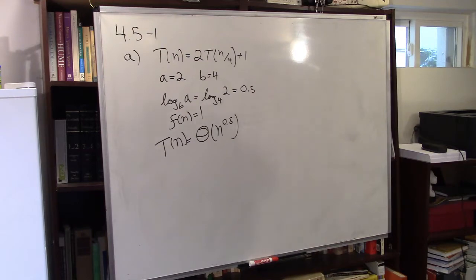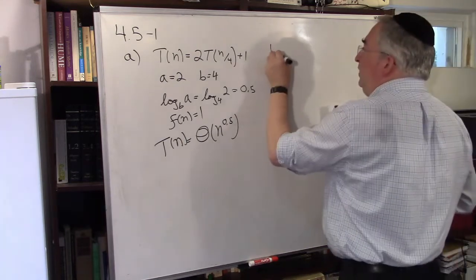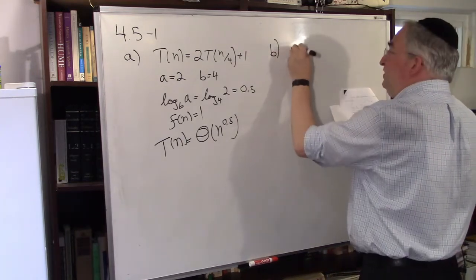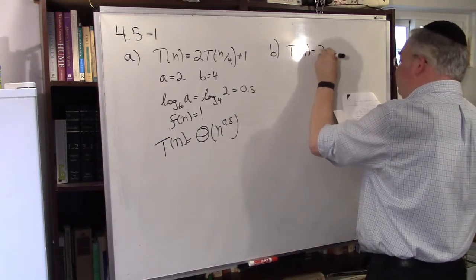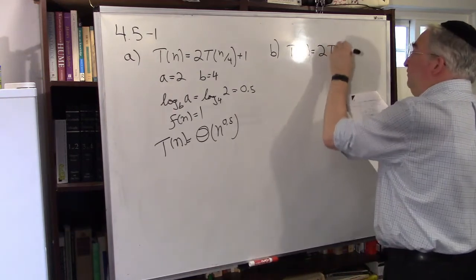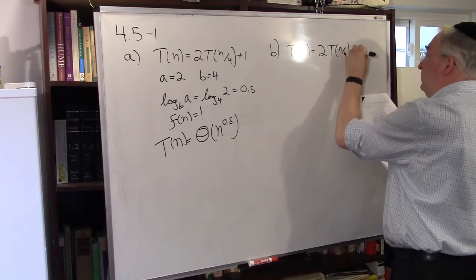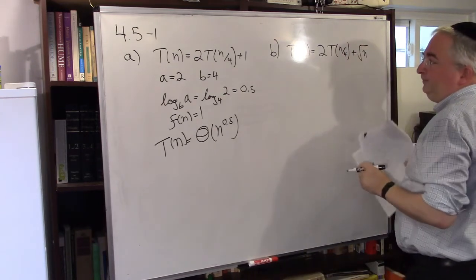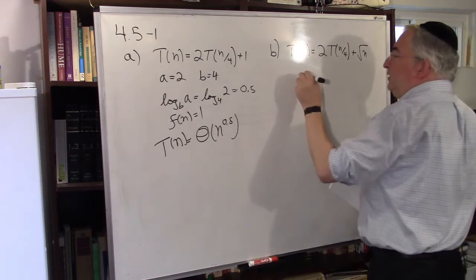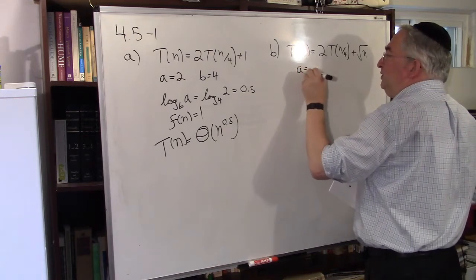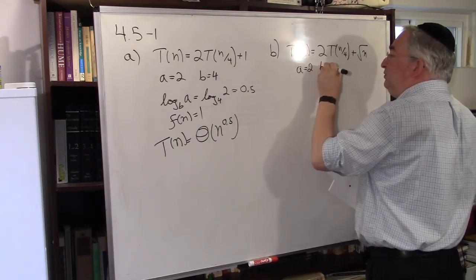I'm doing it a little bit quicker. Okay, let's do B. B is t of n equals 2 t of n over 4 plus square root of n. Okay, so let's go through this. A is equal to 2, B is equal to 4.